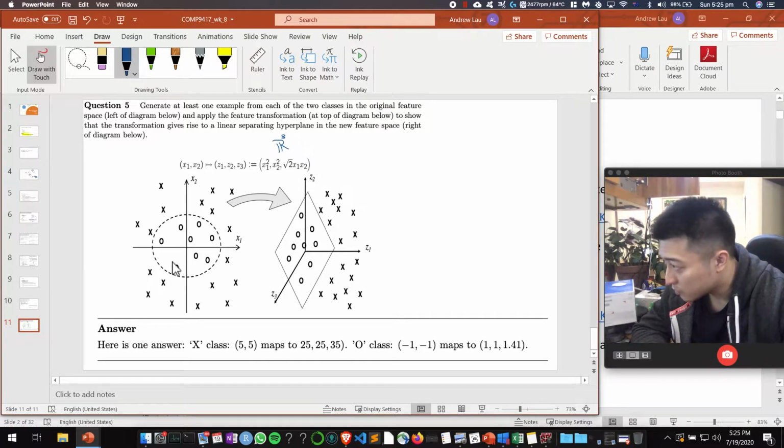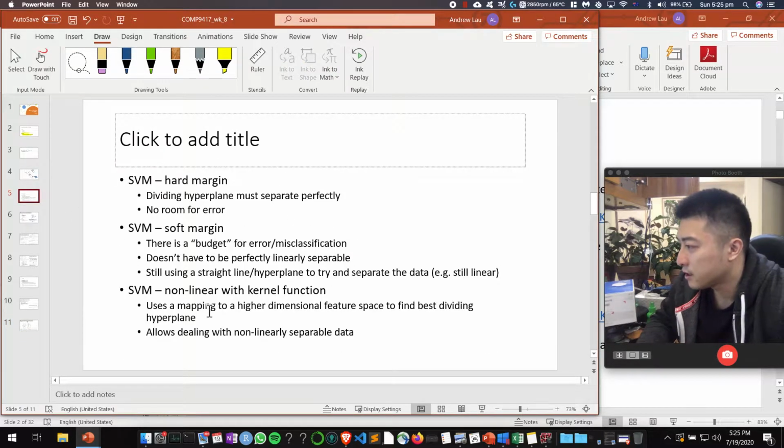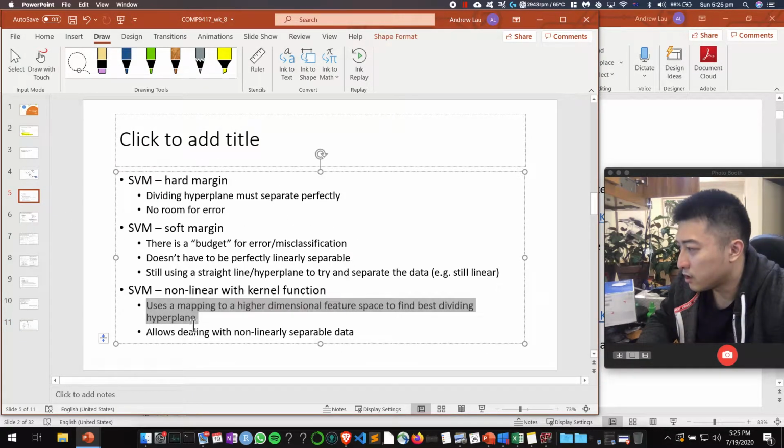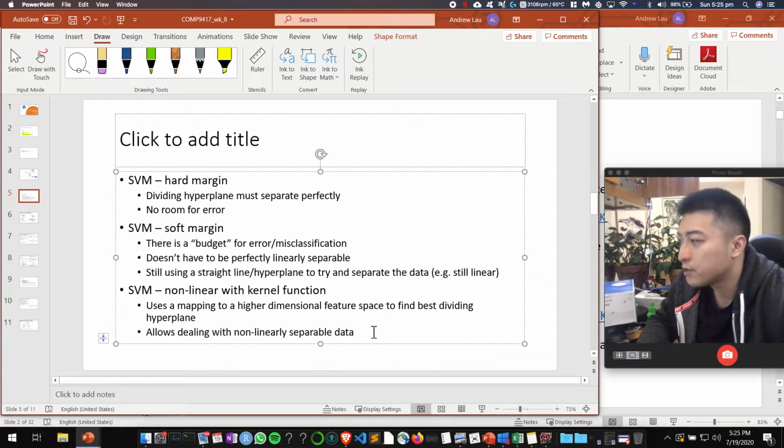So this is the concept behind the support vector machine with the kernel trick. I'll explain why it's called a kernel trick in a moment, but the thing I want you to keep in mind is that it allows you to deal with non-linearly separable data because you're mapping it to a high dimensional feature space, right?